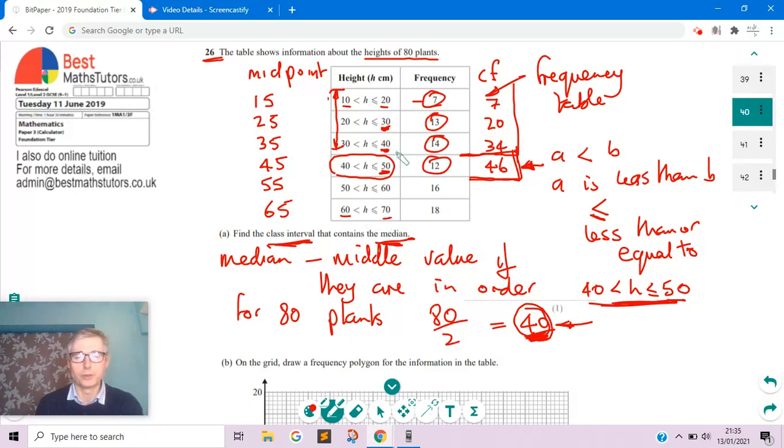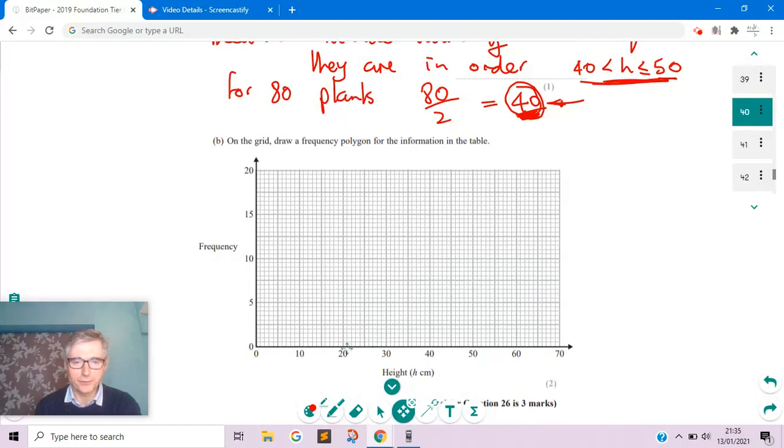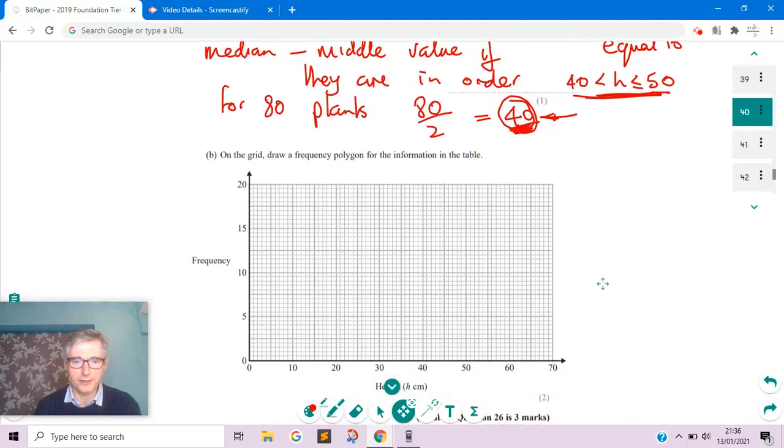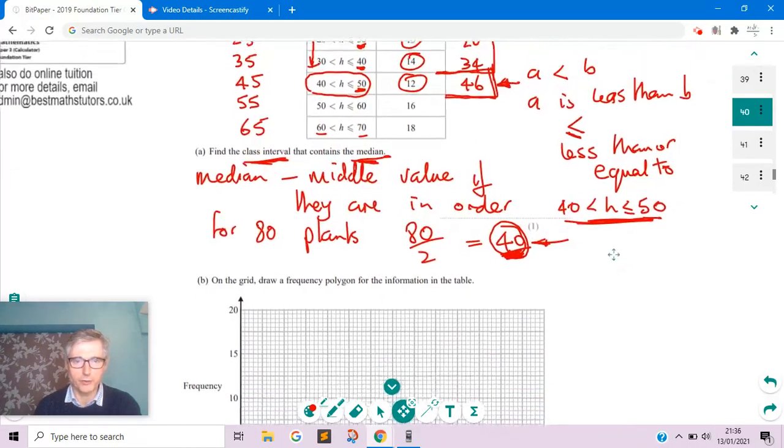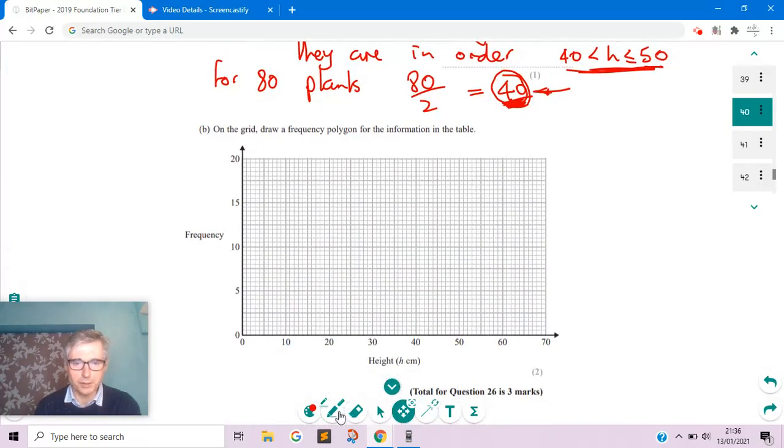And what we do, we go to our grid at the bottom and we plot the first point, which is 15 and 7. So I'm going to move this up. It was 15, wasn't it? There's 15, the midpoint of the group. We're going to go to 7.